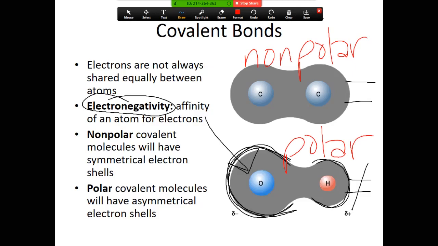So if you think of that word polar or just the word pole, think of like the North and the South Pole, for example. What do you know about them? Well, they're on opposite ends of the Earth. Or maybe you've heard the phrase polar opposites. So something that's polar means that it's got two ends that are different. They're not the same.